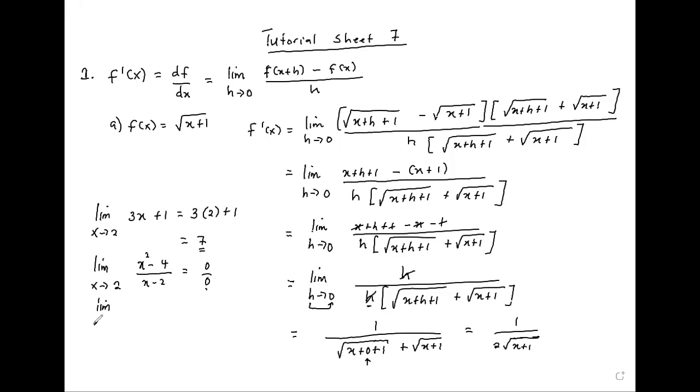So we say the limit as x goes to 2 is going to be x minus 2 multiplied by x plus 2 over x minus 2. And this part and this part will cancel. So we remain with the limit as x goes to 2 of x plus 2, and later on substitute to get 4.